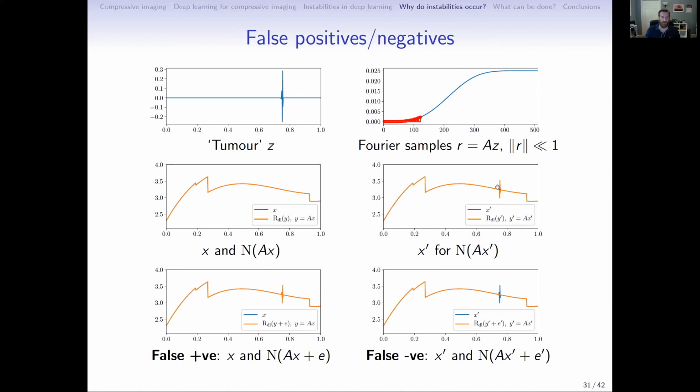Now you can find a perturbation of your measurements that causes you to not reconstruct X, but to reconstruct X primed. This is a false positive, because you should be reconstructing X, but you're actually getting X primed. Similarly, for X primed, you can find another perturbation of your measurements that's now going to give you X. So you have this false negative.